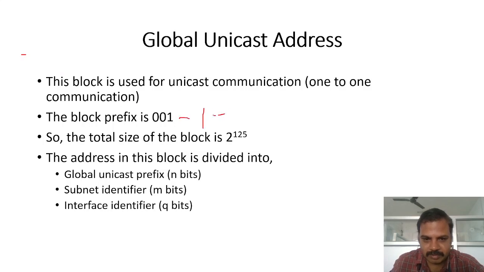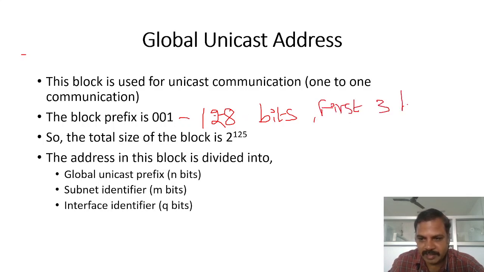So it is 128 bits. In that 128 bits, the first 3 bits are by default 001 when you are using the global unicast address.